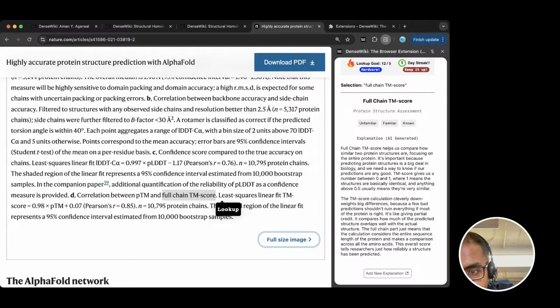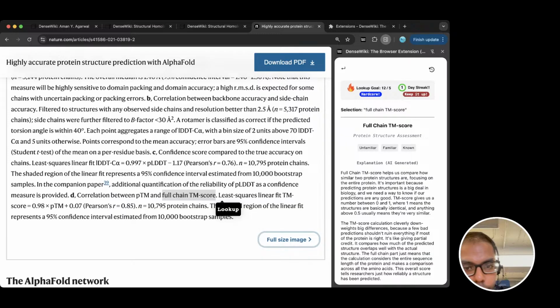It downweights big differences because of a few bad predictions. Okay, this is the interesting part. It's like partial credit. It compares how much of the predicted structure overlaps well with the actual structure. The full chain part means that the calculation considers the entire sequence and makes comparison across all the amino acids.